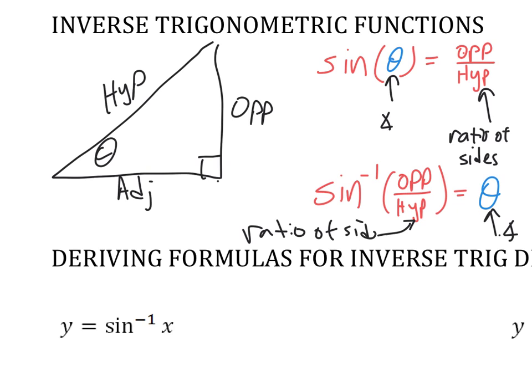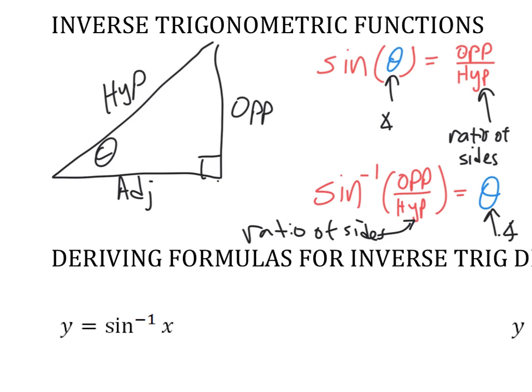With an inverse function, the input is the ratio of sides, and I get my angle measure. When we take sine of some angle measure, it gives us the ratio of sides. When you were taking geometry, you used this all the time because you were finding angle measures given sides of a triangle, and that's all you're really doing.